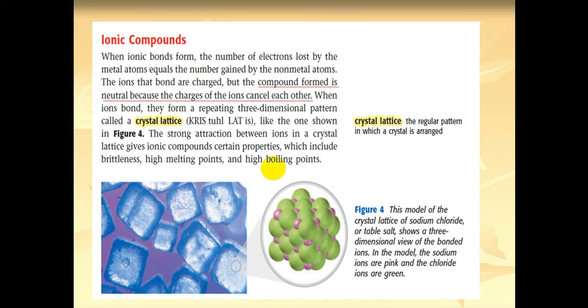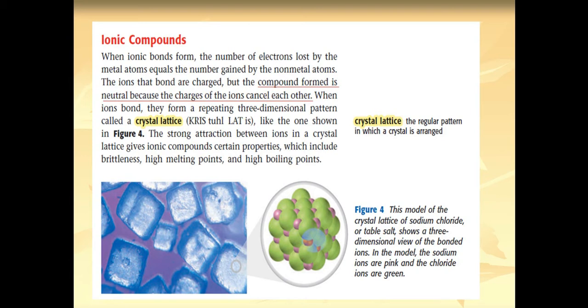The strong attraction between ions in the crystal lattice gives ionic compounds certain properties, which include brittleness, high melting point, and high boiling point. Because they are very strongly attracted to each other, it's very hard to melt salt. The boiling point and melting point for salt are very high.